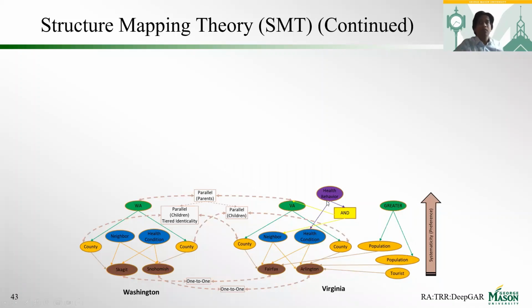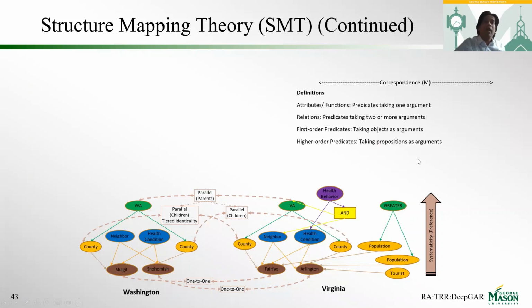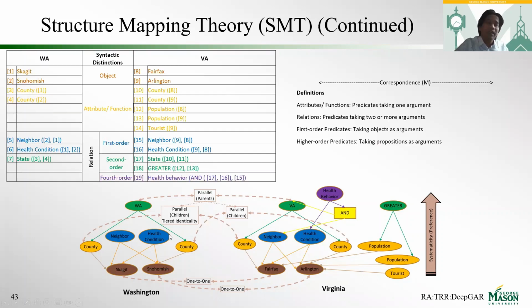So use the same concept, and I am going to go a little bit more into the relationship. So you see, this is called an object. This is the attribute, because it only has one relation. This is called the attribute, and this is called the relationship. But the relationship can be of different kinds. It can be first order, second order, fourth order.